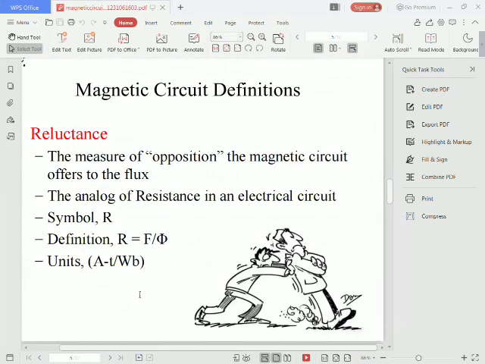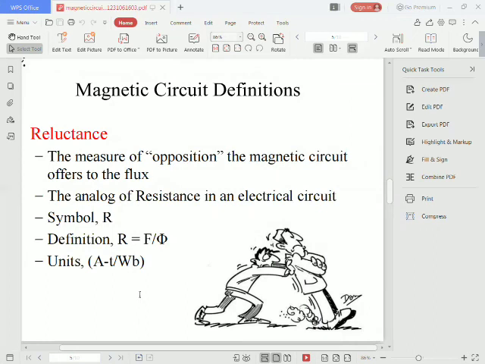Next definition is reluctance. Reluctance is defined as the opposition to the flow of flux in a material. It is similar to the resistance to the flow of electric current in the electrical circuit.